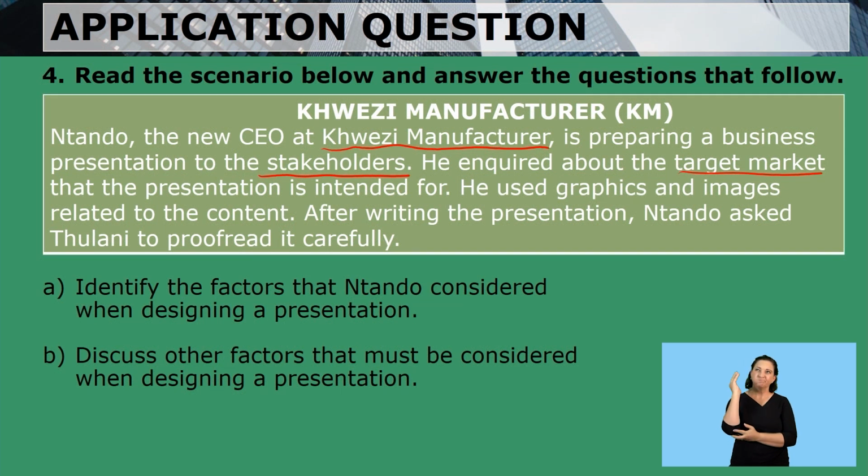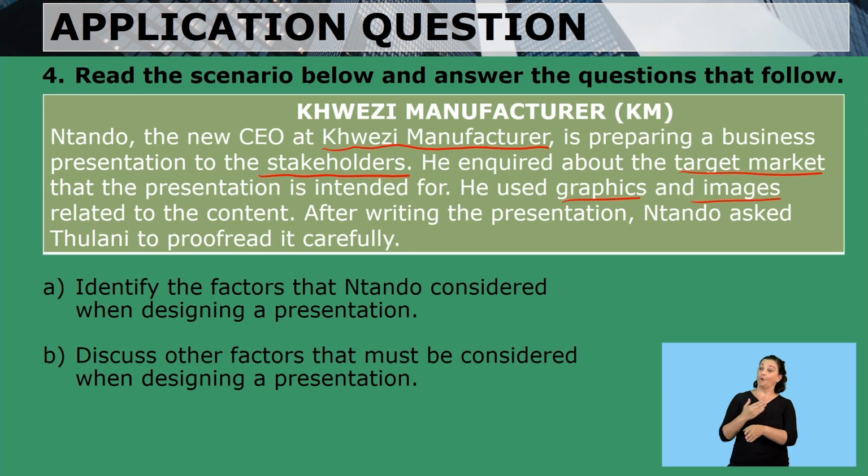It's very important when you're presenting that you know who you are presenting for. Hence, one of the rules is that the presentation needs to be relevant. He used graphics and images related to the content. After writing the presentation, Ntando asked Thulani to proofread it carefully.